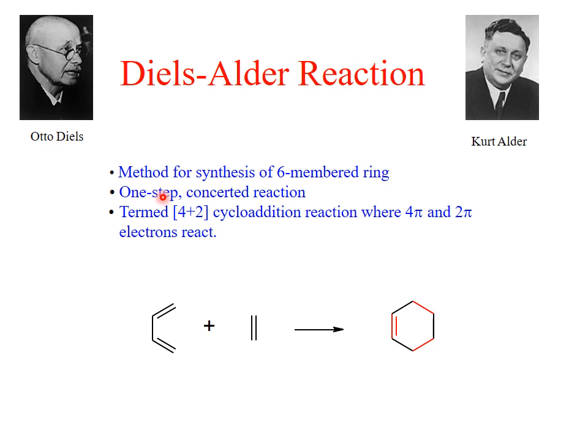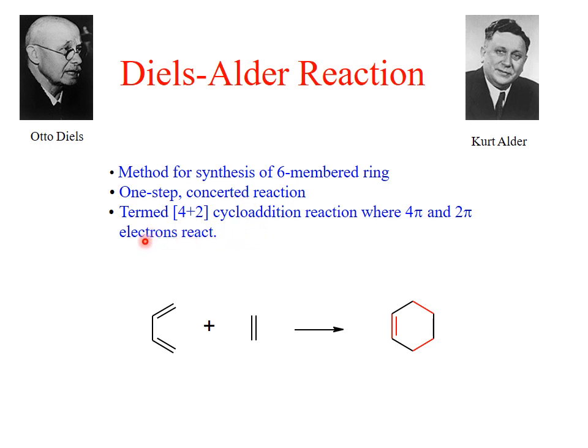Why is this reaction called a 4+2 cycloaddition reaction? Because the diene consists of 4 carbon atoms and the dienophile consists of 2 carbon atoms. Other groups may be bonded to these two systems. I mean, some groups are attached to the dienophile and some groups are also attached to the diene, but the carbon atoms of the diene which are involved in the reaction are only 4, and the carbon atoms of the dienophile which are involved in the reaction are only 2.